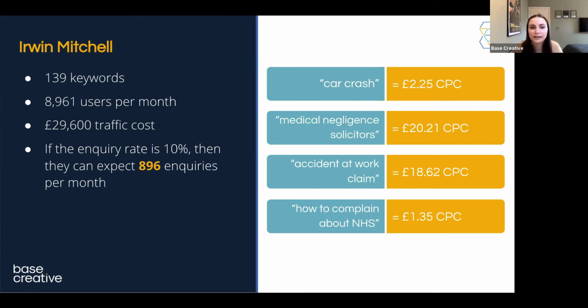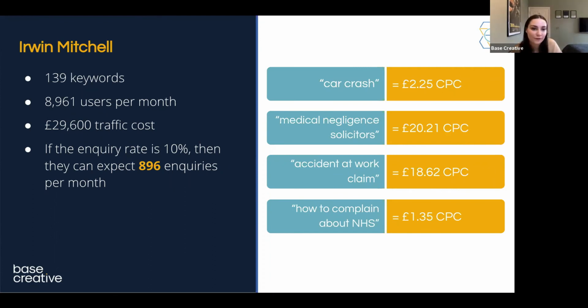But we can also see that they are bidding on terms that their potential clients might be asking as well, things like how to complain about NHS. And again, we can see how much these vary in cost. So we've got anything from £1.35 per click to £20.21 per click in these examples. And I'm sure there's probably many that are higher than that as well.